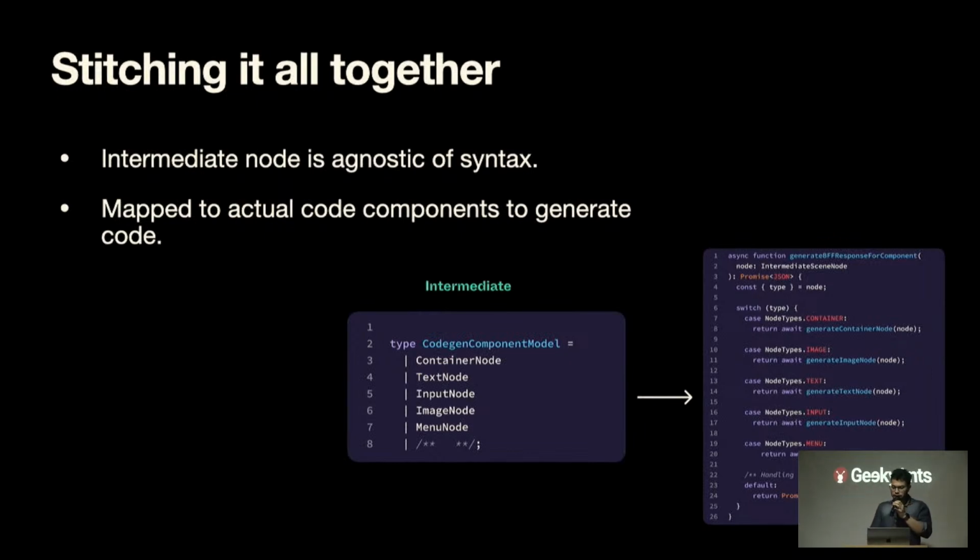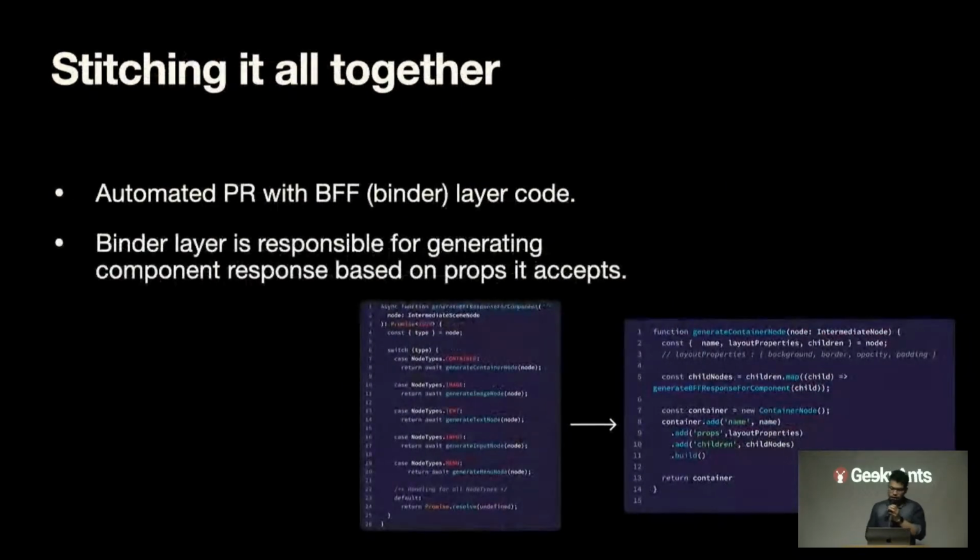So let's look at a sample. Maybe let's look at how we can transpile our container node. So this is very important. On line number 7, we see an instance of container node. This container node instance is a contract. A contract is something that you might have established from your server to your client, saying, hey, this is my understanding of props that I can deal with.